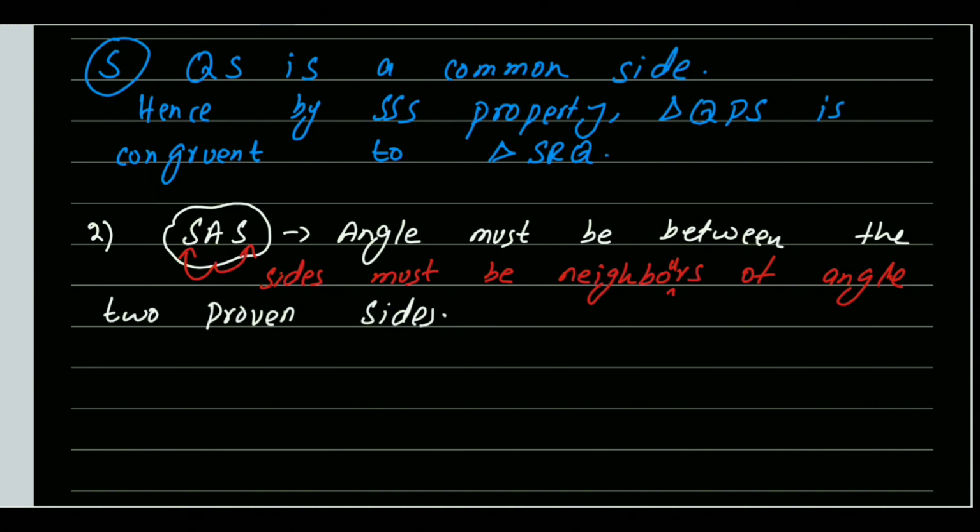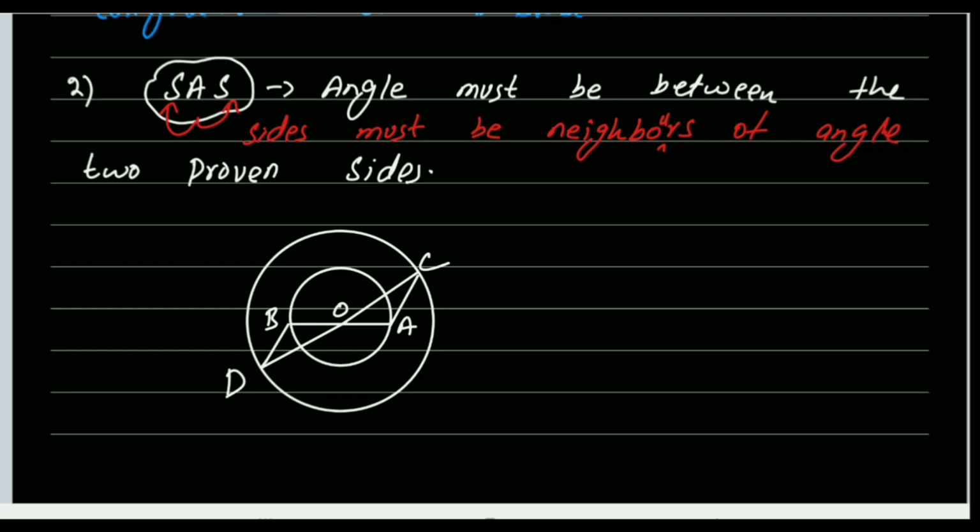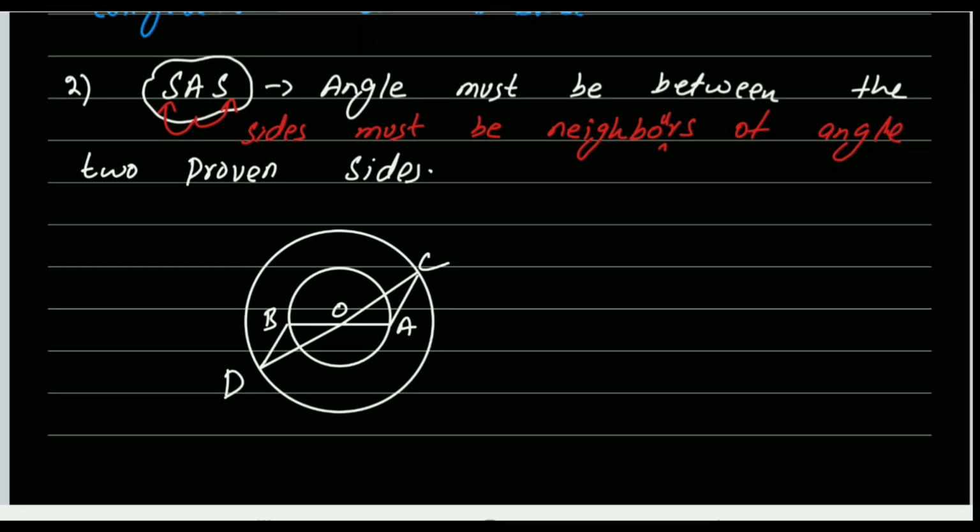Okay, so how to prove it? Let's solve it with the help of an example. How can we prove that these two triangles AOC and BOD are congruent?